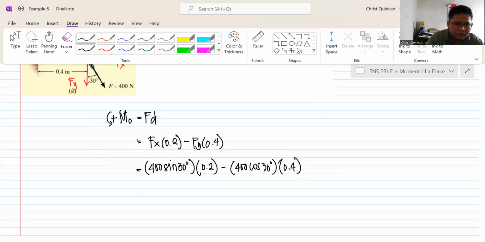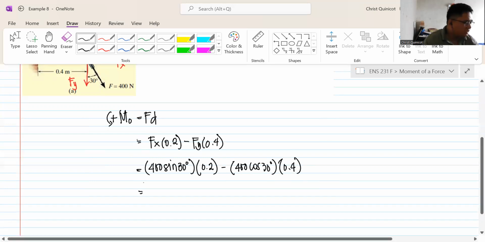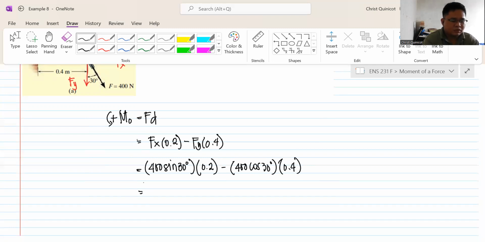Let's calculate them first. Sine 30 is 1/2, so 400 sine 30 is 200, times 0.2, so that's 40, minus 400 cosine 30, that's 346, times 0.4.